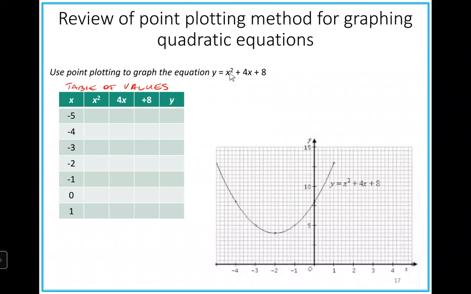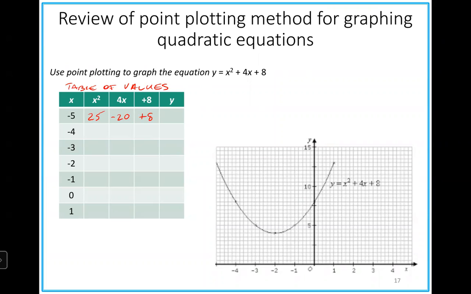You put the x squared in one column, the 4x in the next column, and the plus 8 in the next column. You work out each of them separately, then add them up together to get the final result for y. So if x is -5, then -5 times -5 is 25. And then 4 times -5 would be -20, and then plus 8.